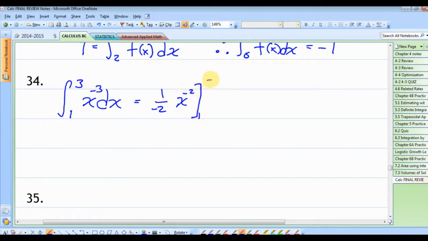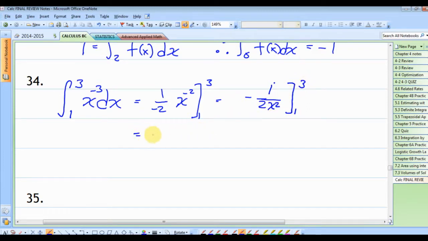From 1 to 3. So that's negative 1/2, 1 over 2x squared, from 1 to 3.